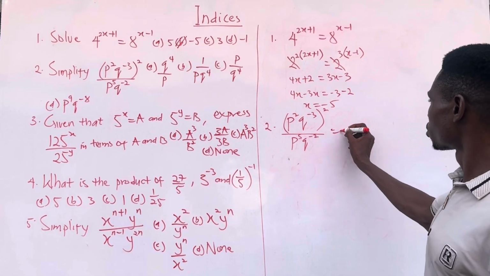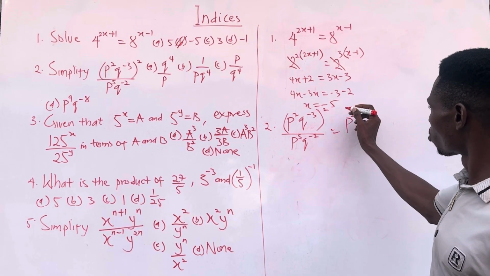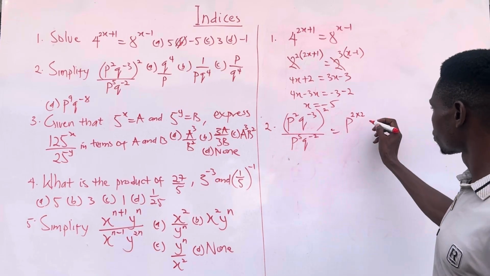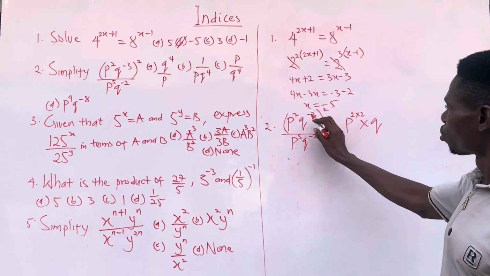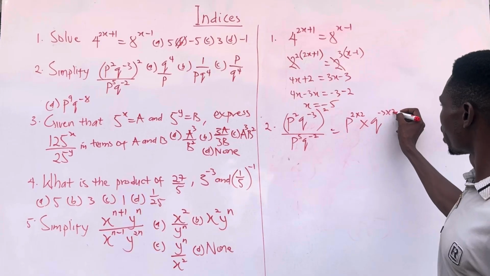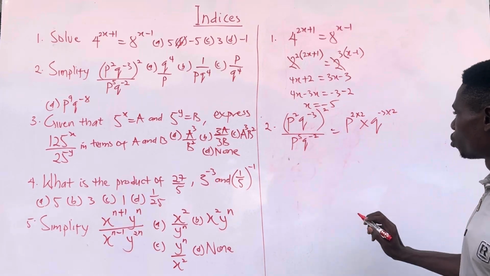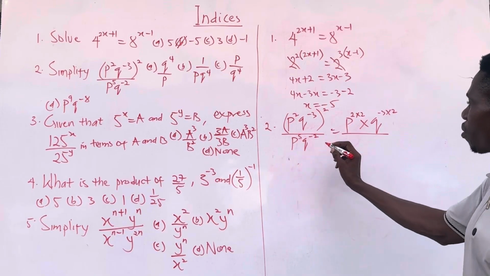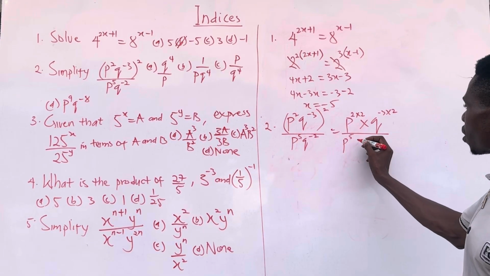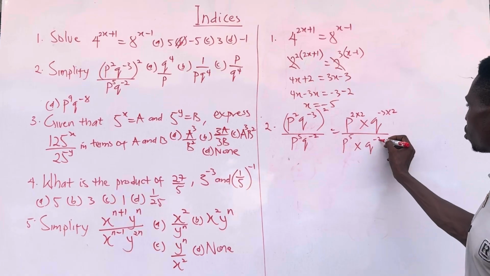This will give us p, we have 2 multiplied by this other 2, times q, we have minus 3 multiplied by this 2. So this 2 now we share to p and to q. Now all over what we have down here is p⁵ and q⁻².